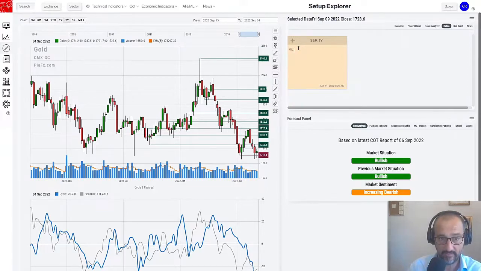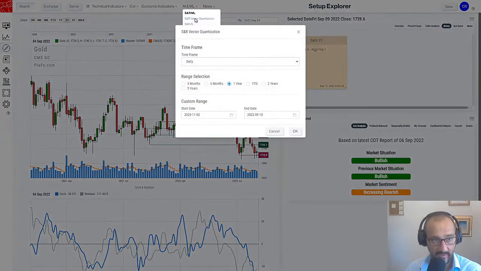We have a support at 1713.9, and then we have our resistance at 1756.1. Okay, great.